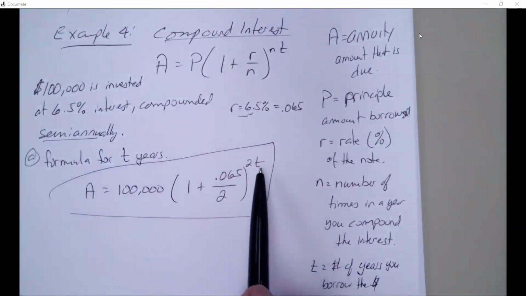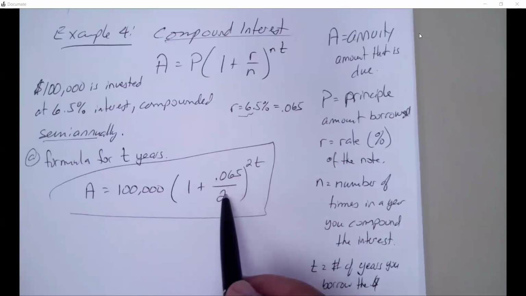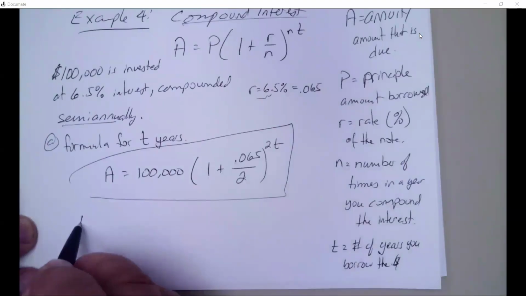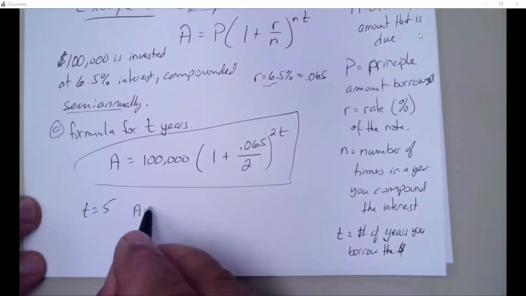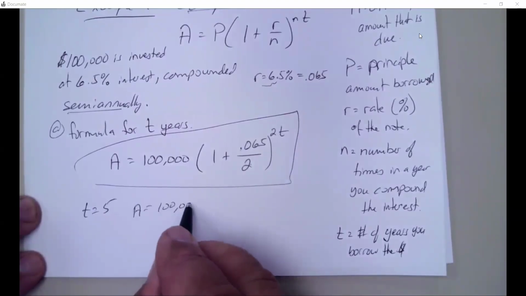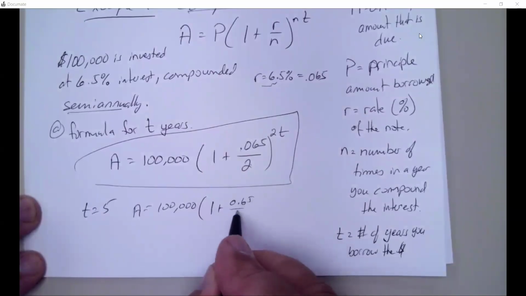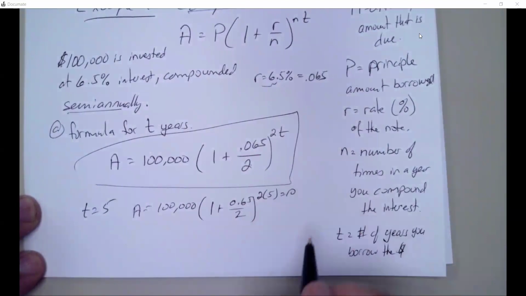Depending on how long you keep the money, then you can calculate it. Of course you do 0.065 divided by 2, add 1, then let's say T equals 5 for 5 years. $100,000 times 1 plus 0.065 divided by 2, to the power 2 times 5, which is equal to 10.